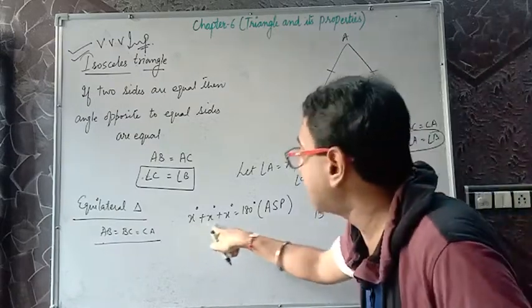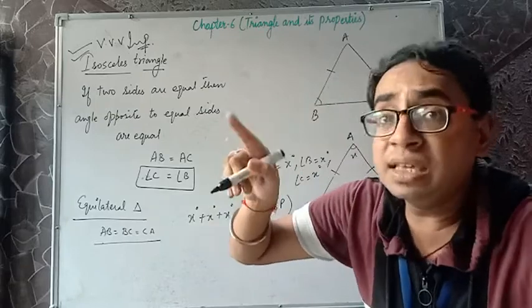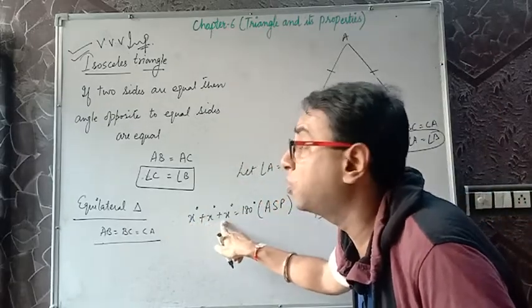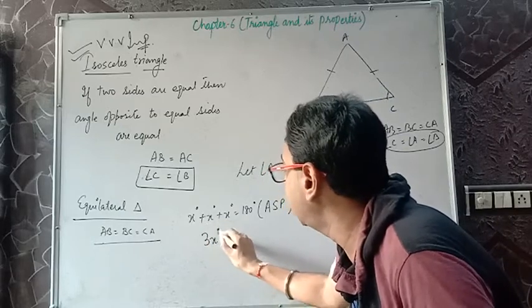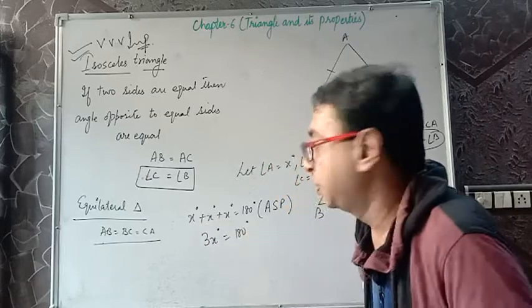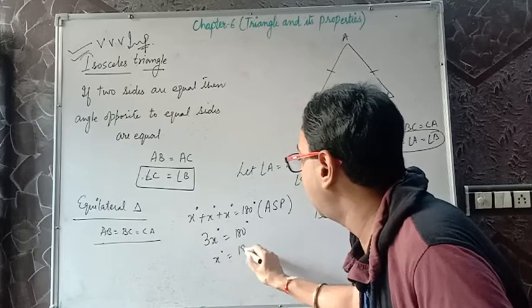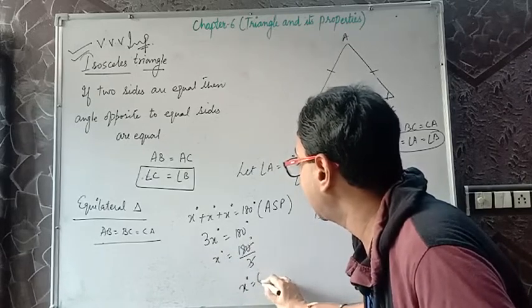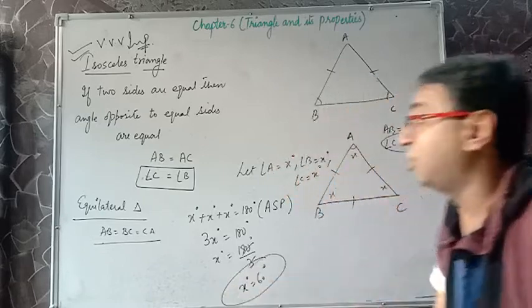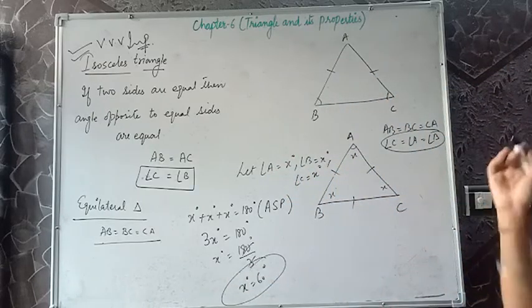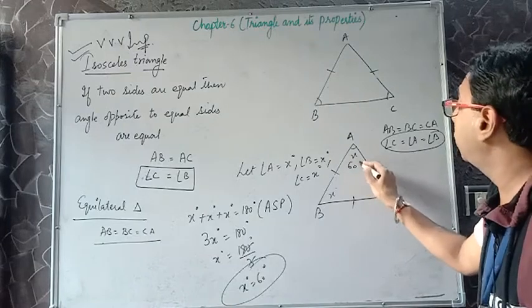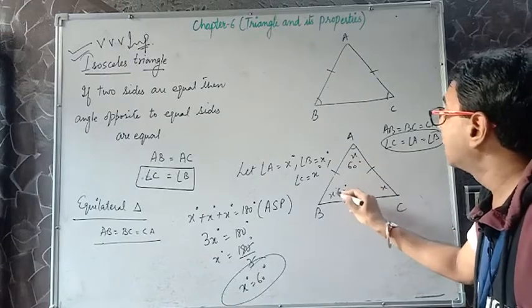Now, x plus x plus x, 1 plus 1 is 2, 2 plus 1 is 3. 3x degree is 180 degree. x degree is equal to 180 degree upon 3. If I cut, what are we getting? x degree means 60 degree. Hence, the very important conclusion: the measurement of each angle of an equilateral triangle is 60 degree.